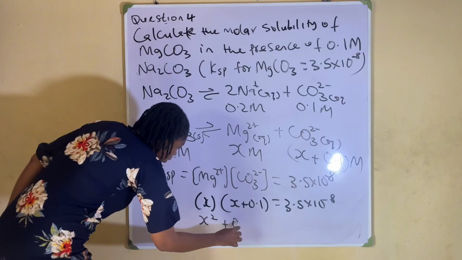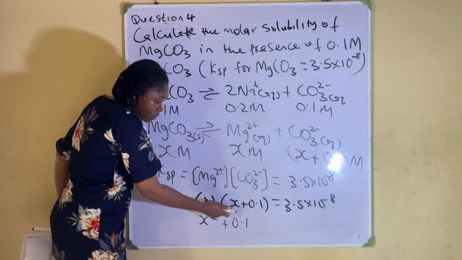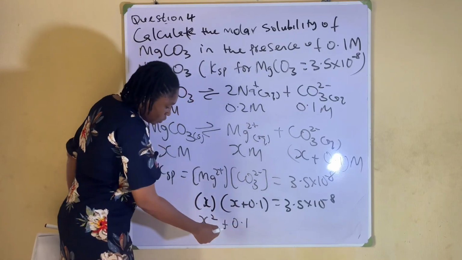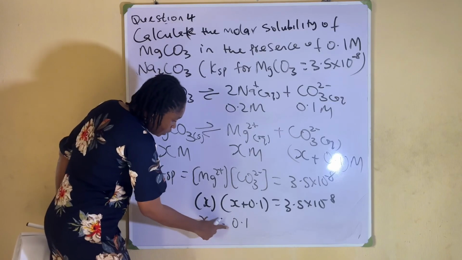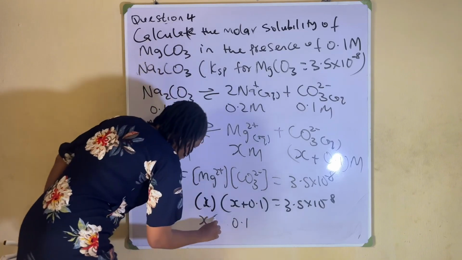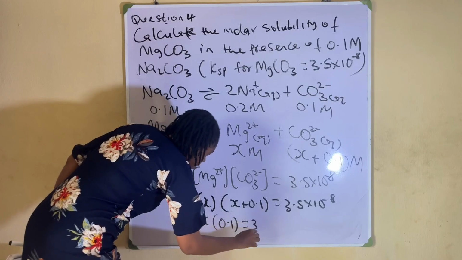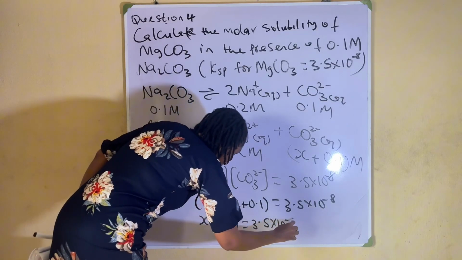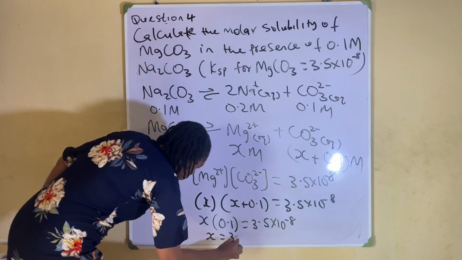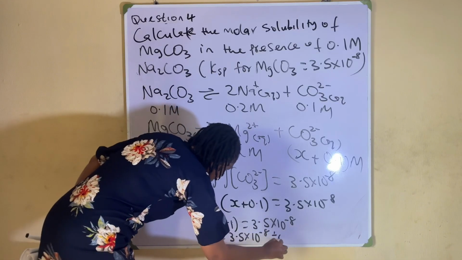Okay, as usual, we assume that S is very small compared to what? 0.1. So what we're working with is S times 0.1. So S times 0.1 equals 3.5 times 10 raised to the power minus 8. So S will be 3.5 times 10 raised to the power minus 8 divided by 0.1.